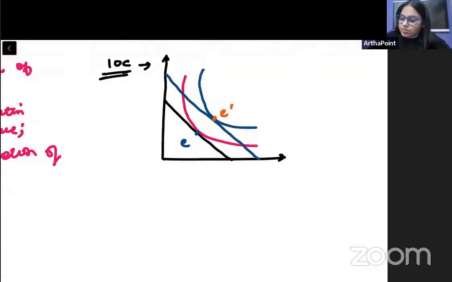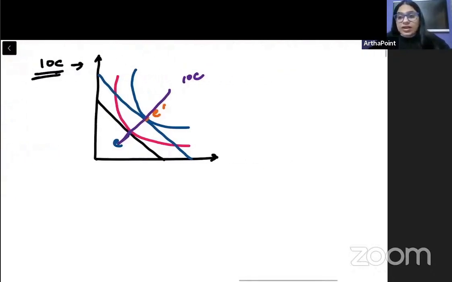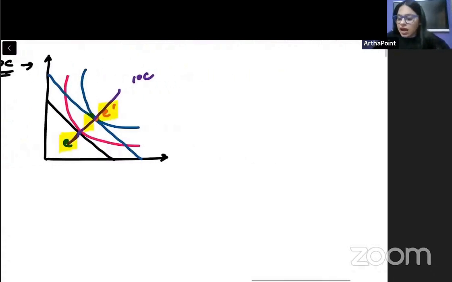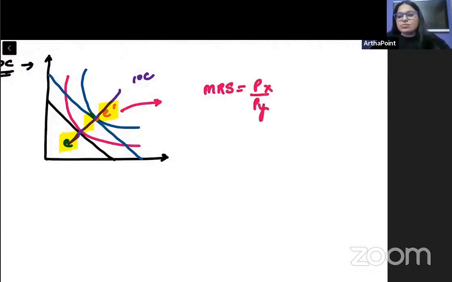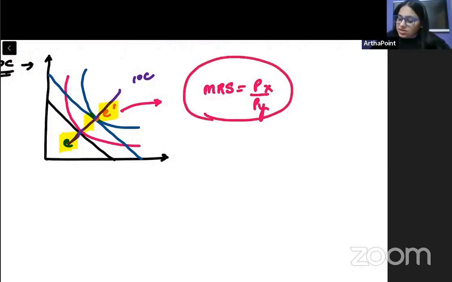Joining these equilibrium points, I will get my income offer curve. This equilibrium point is where my MRS is equal to PX by PY. So I am joining the locus of all these tangent points, right? That is giving me my income offer curve.